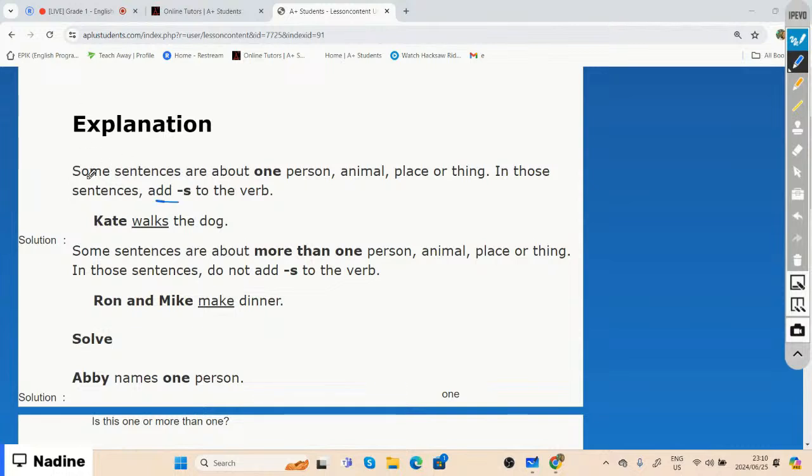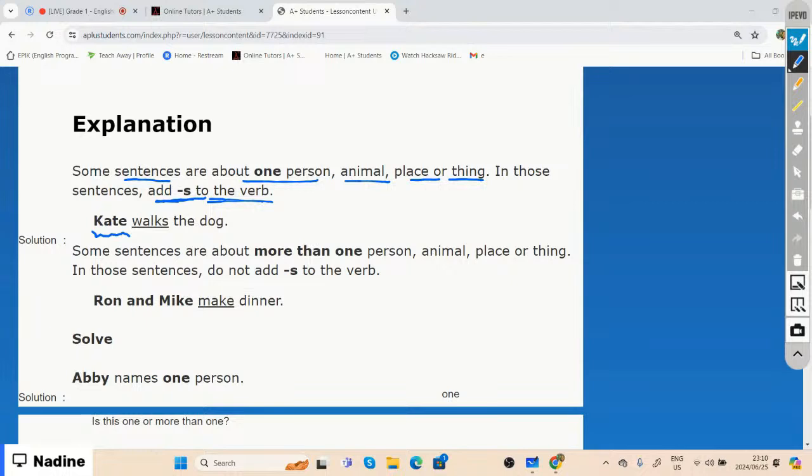So if we talk about one person doing something, one animal, one place, or one thing doing something, then once we want to say what the person, animal, thing, or place did, we need to add an s to our verb. For example, Kate is one person.